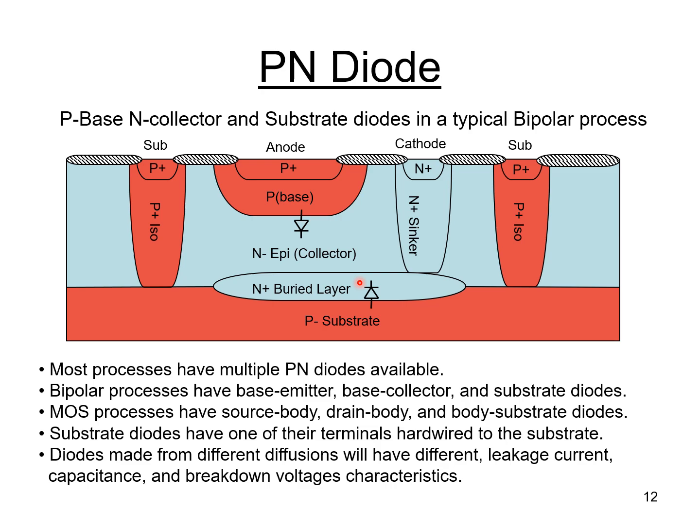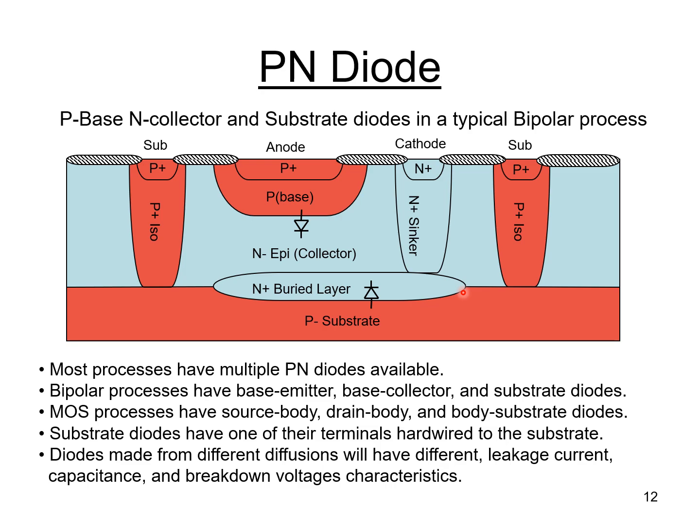You also have just substrate to N minus or P-iso to N minus. MOS processes have source body, drain body, and body substrate diodes. Now a substrate diode is a diode where one of the terminals is hardwired to the substrate.